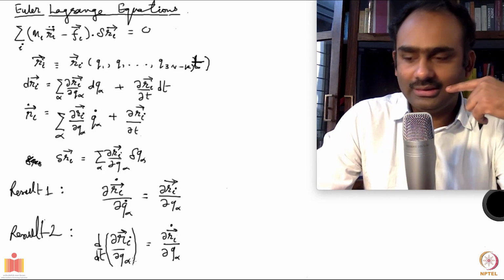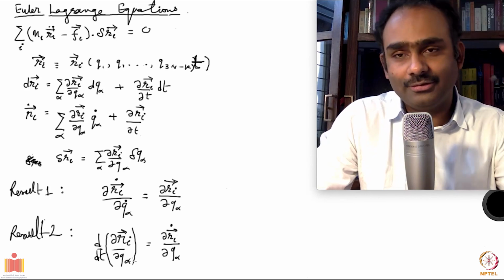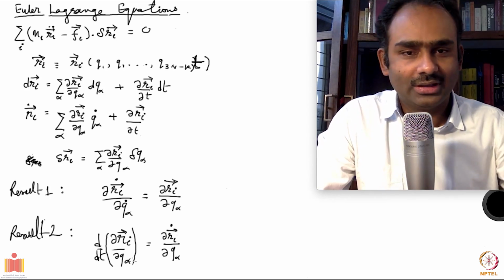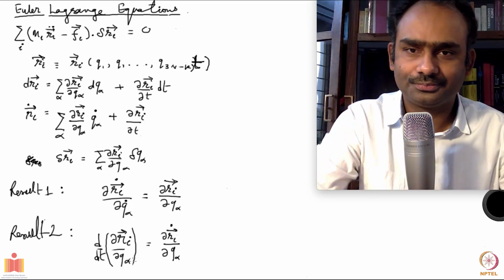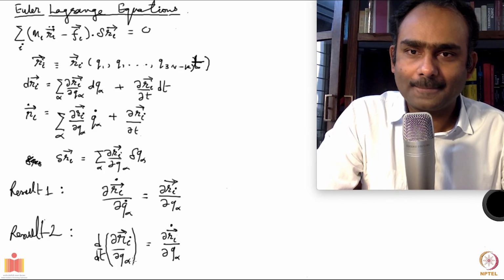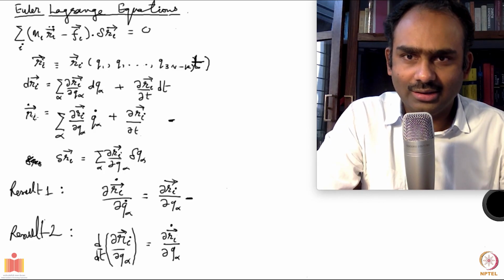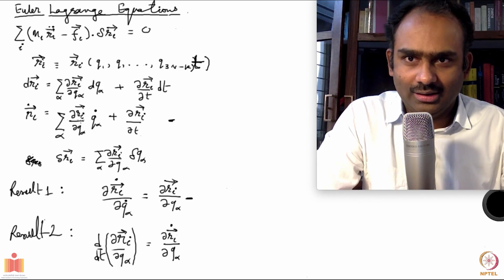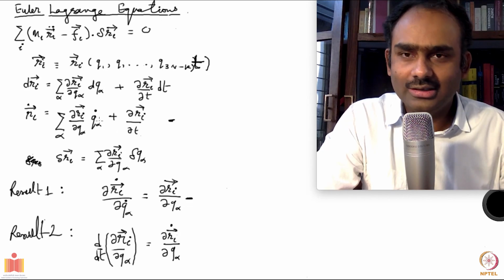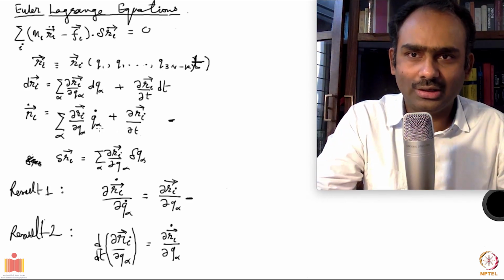Now, okay, maybe first I should prove them. Okay, that will be better. So let's go here. The first one is quite trivial. This I can see from here. So you take ri dot. And this relation is a linear sum of q alpha dots.